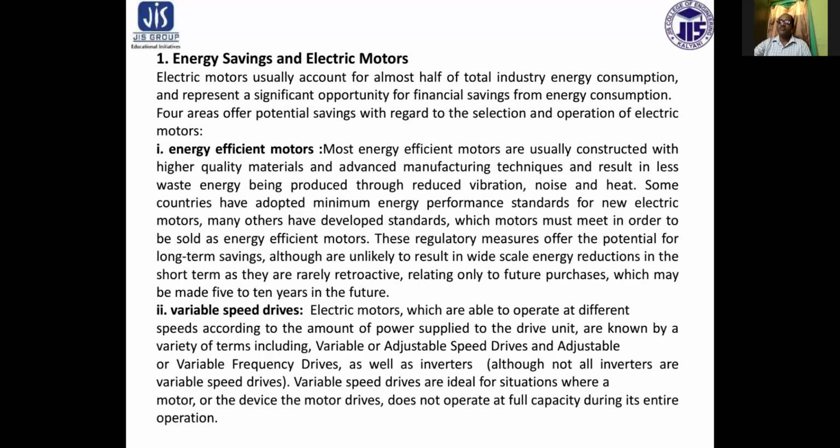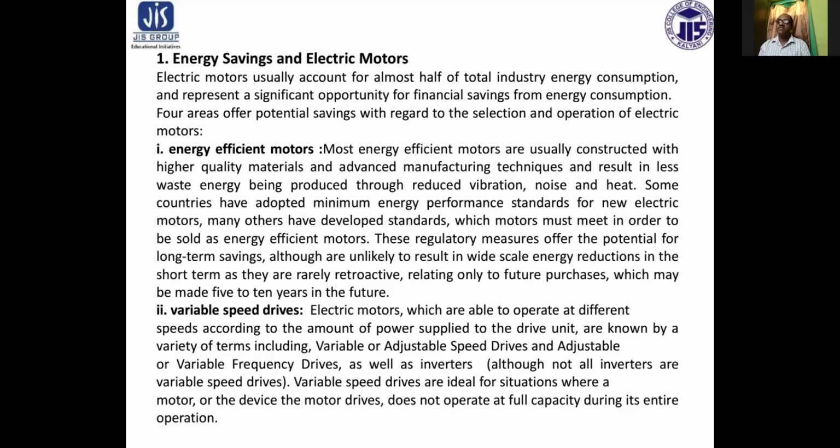Next is variable speed drives. Electric motors which are able to operate at different speeds according to the amount of power supplied to the drive unit are known by a variety of terms, including variable or adjustable speed drives and variable frequency drives, as well as inverters, although not all inverters are variable speed drives.